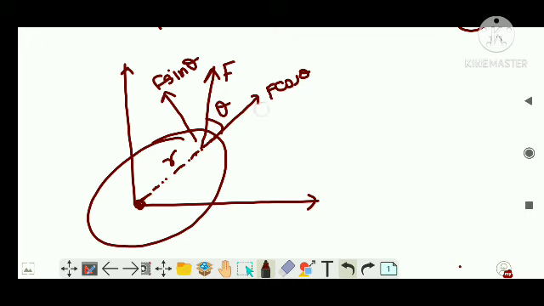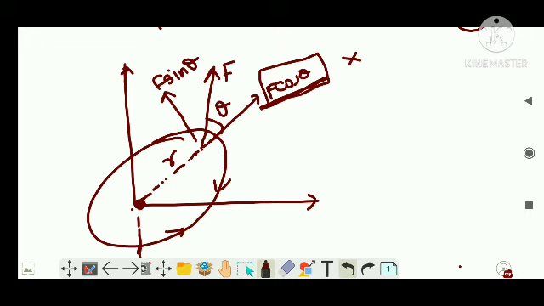Now F cos theta is passing through the axis of rotation. This is the axis of rotation, right? This is going to rotate in this direction or in this direction. So this is the pivoting point, and this line which we have drawn is the axis of rotation. So I can say F cos theta, we have already told about it, in this scenario is not going to cause any torque.